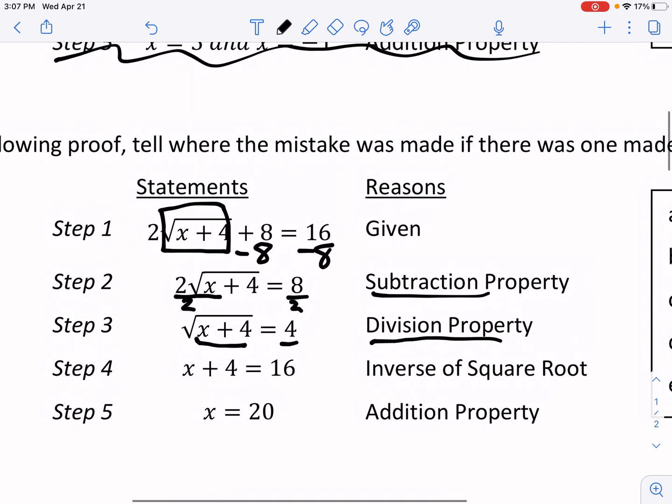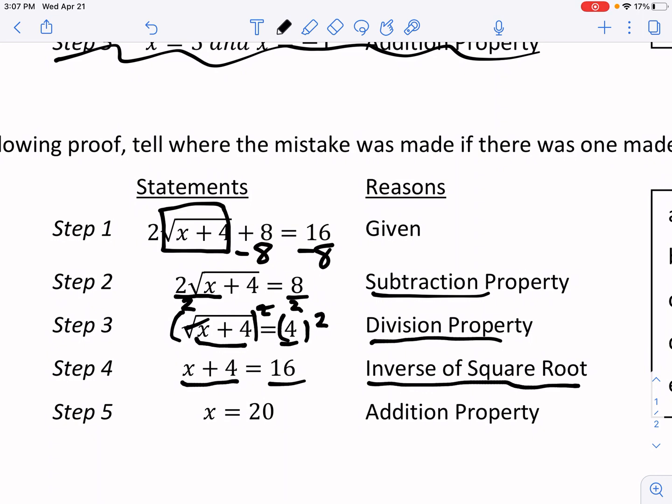Then what do we do once we get the square root by itself? Well, we square both sides. Inverses go away, and I get x plus 4. 4 squared gives me 16, and that was the inverse of our square root, squaring both sides, so that looks okay. Then the last step, we have to subtract the 4, right? So if I get rid of this just for a second, we'd have to subtract 4, and we should actually get 12, not 20.